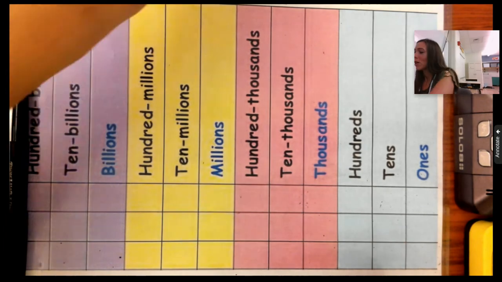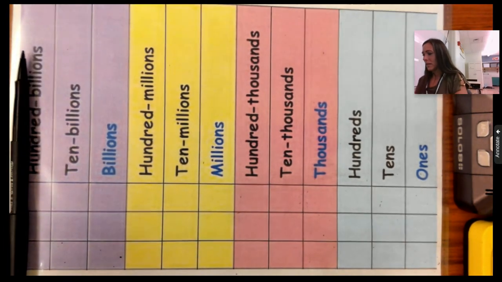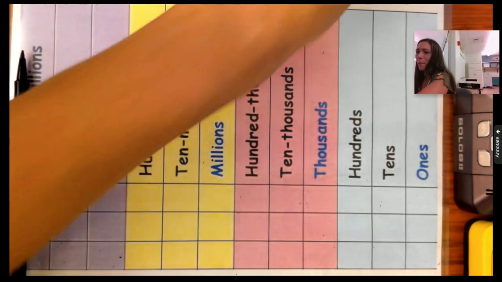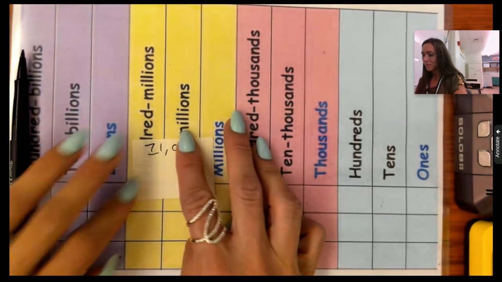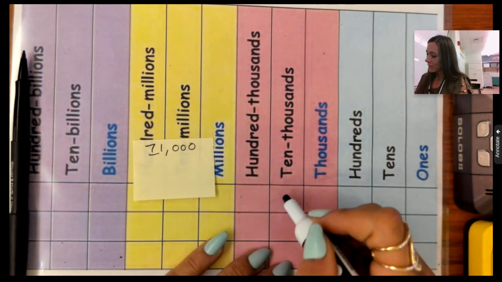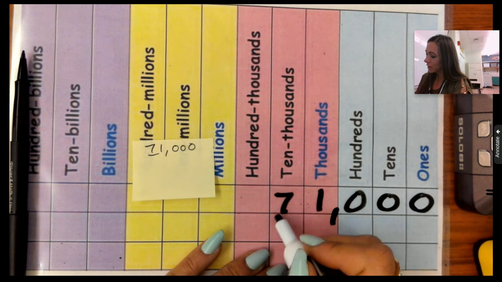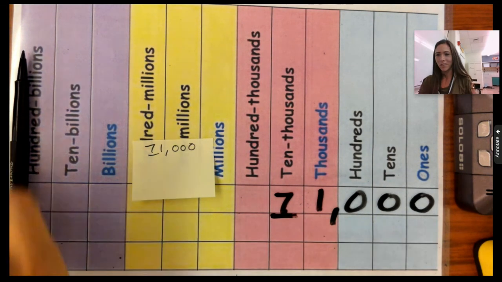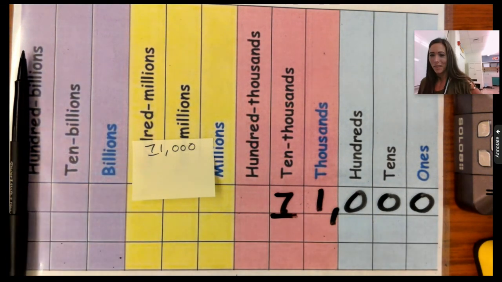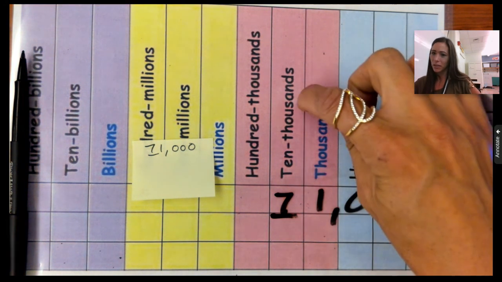Let's try one more. Let's try a big number. 71,000. Let's talk about the value of this 7. Think about it for a minute, it's in the 10,000s place.